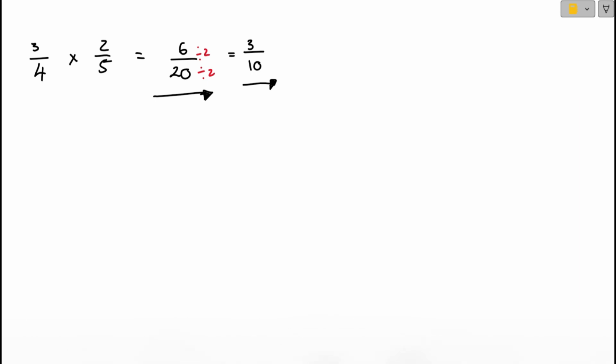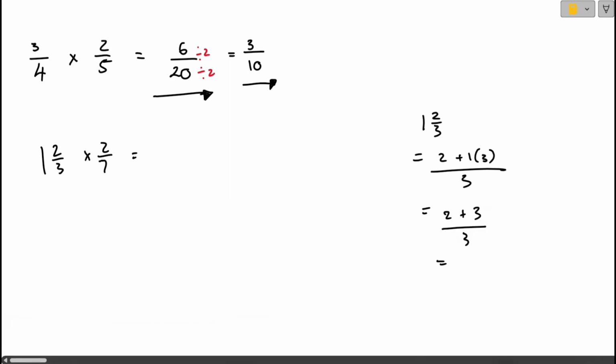Okay, let's have a look at this one over here, times 2 over 7. Let us first convert this to an improper fraction. So 2 plus 1 times 3, that will give us 3. And we have 5 over 3.